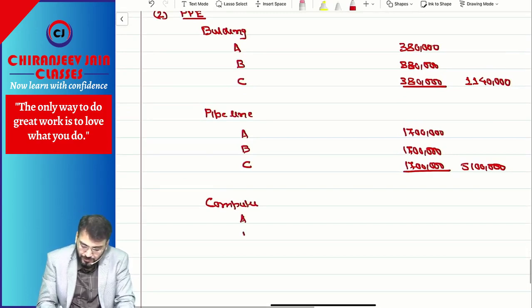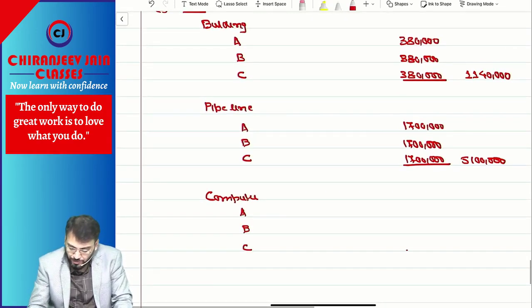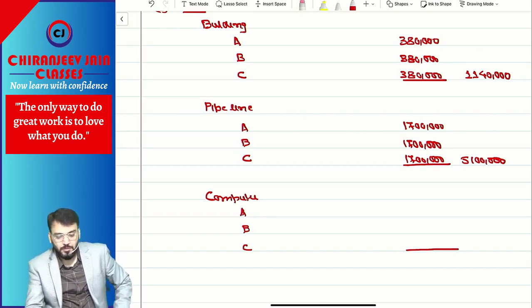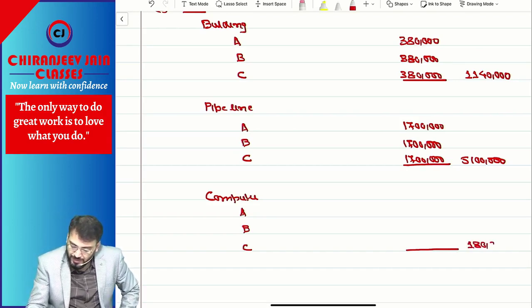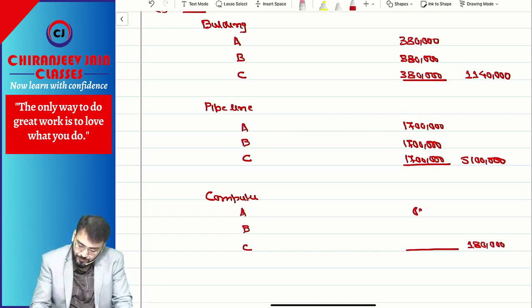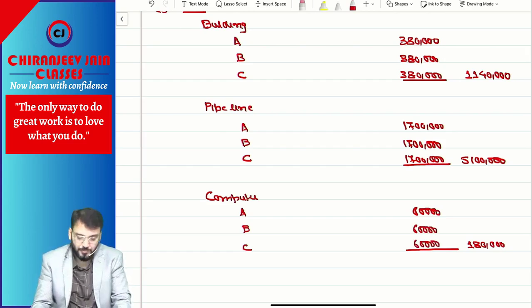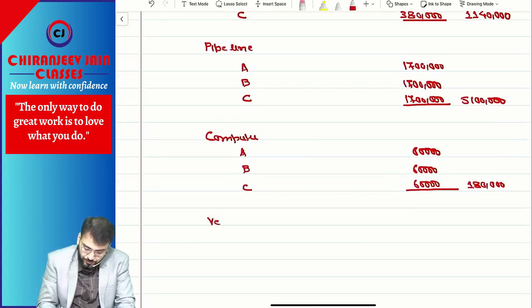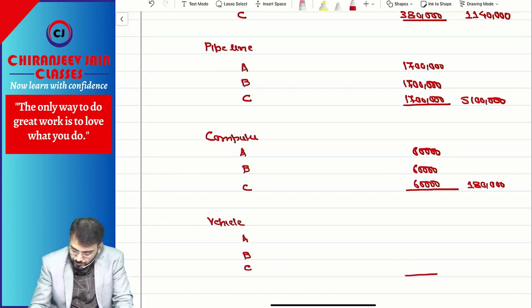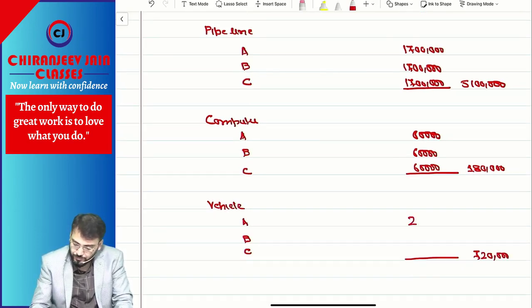It also belongs to A, B and C. Total after depreciation is 1,80,000. Divide by 3, 60,000 each. There is one vehicle also. After depreciation, 7,20,000. Divide by 3, 2,40,000.